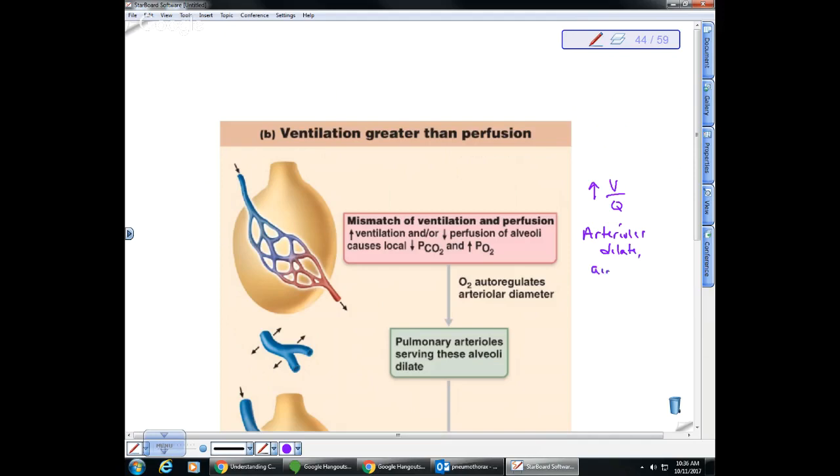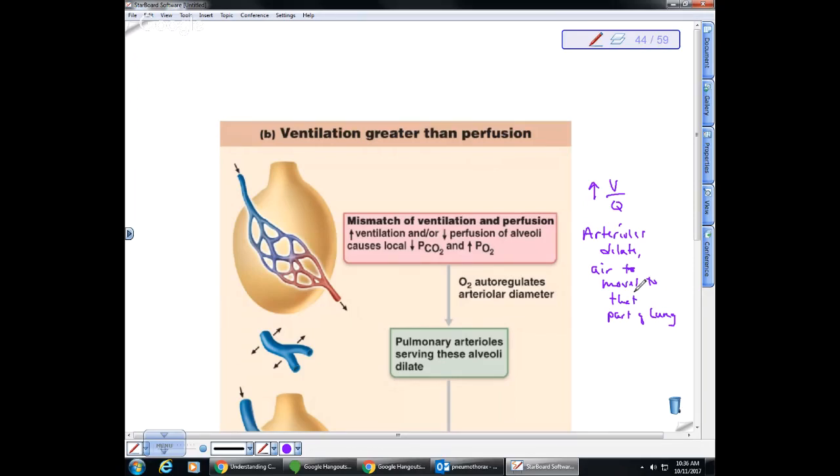And air moves to that part of the lung. So you want the ventilation and the perfusion to match. You want the V/Q ratio to be approximately 1. Generally, it's like 0.8, but it's close to 1.